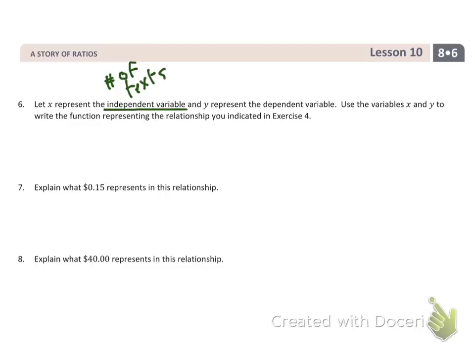And then our dependent variable is going to be what we're going to predict based on the number of texts. So that's going to be our total cost. Okay, it's kind of funny saying we're predicting it in this sense because it is an actual formula for it, but it still fits the model of the thing we get to choose, number of texts, the thing we measure, total cost. Okay, so independent, dependent.